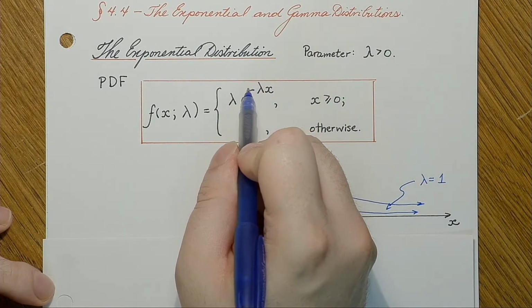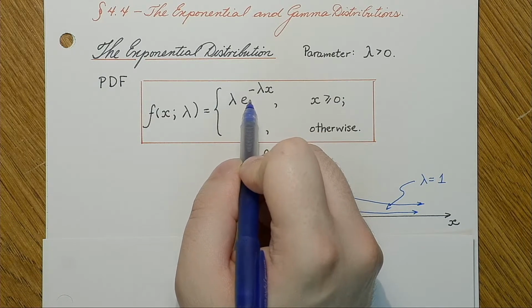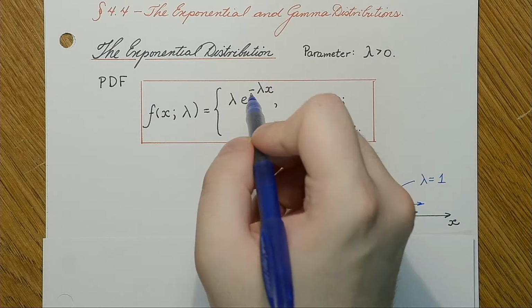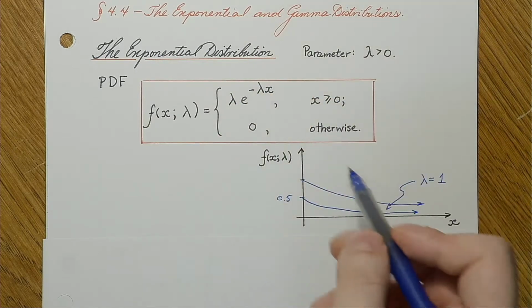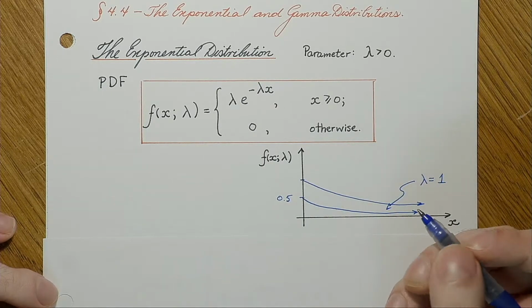And so when you have this negative in the exponential function, it's not exponential growth, but exponential decay. So it's decaying over time, and it gets smaller and smaller.